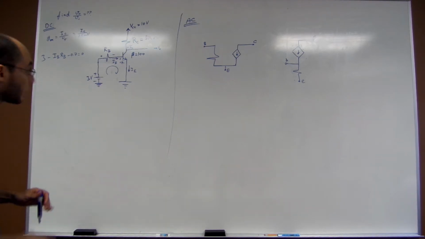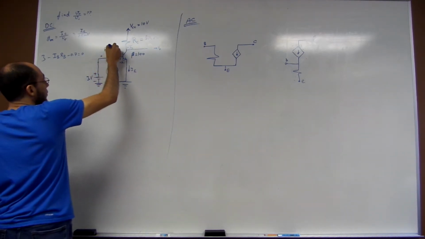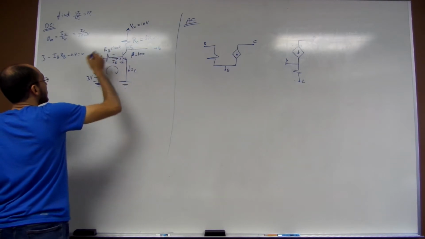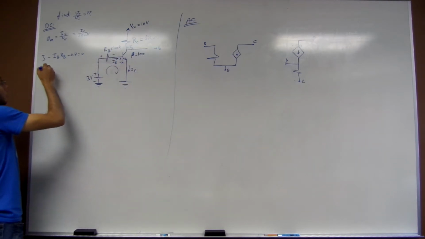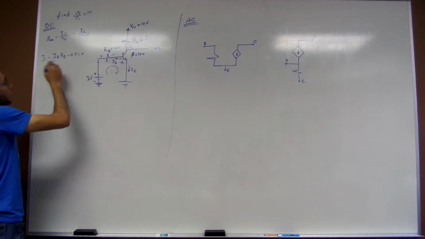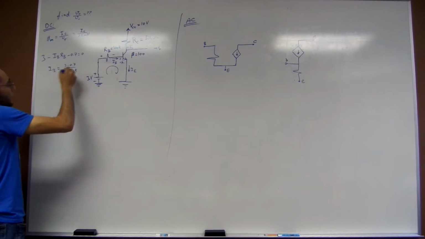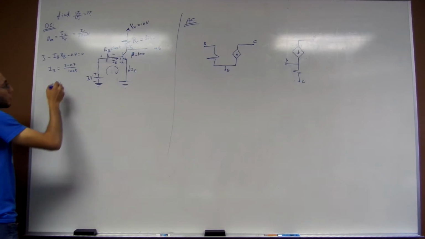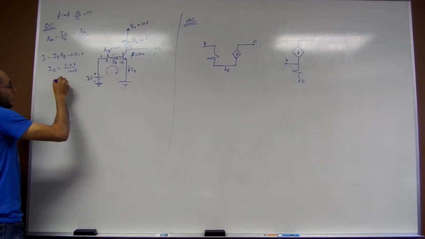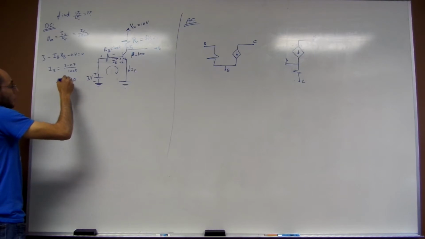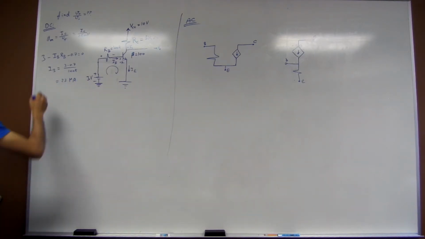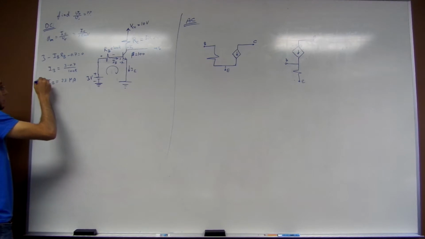RB is given to be 100 kilo ohms. All right. So the value of IB is equal to 3 minus 0.7 over 100 kilo ohms, which is equal to 23 microamperes. Do the math, you get this value.